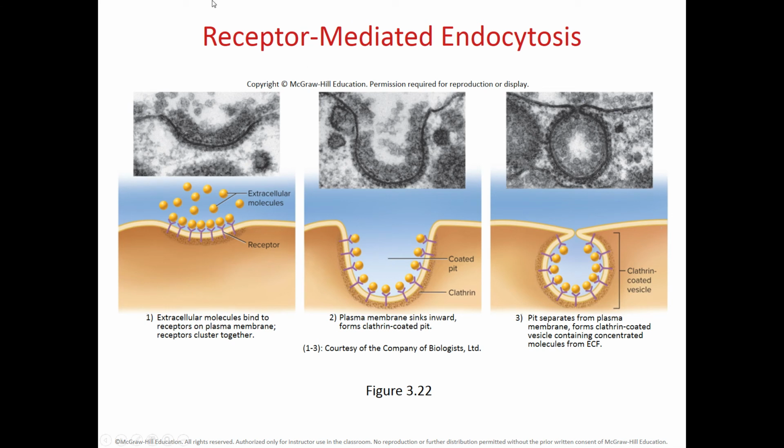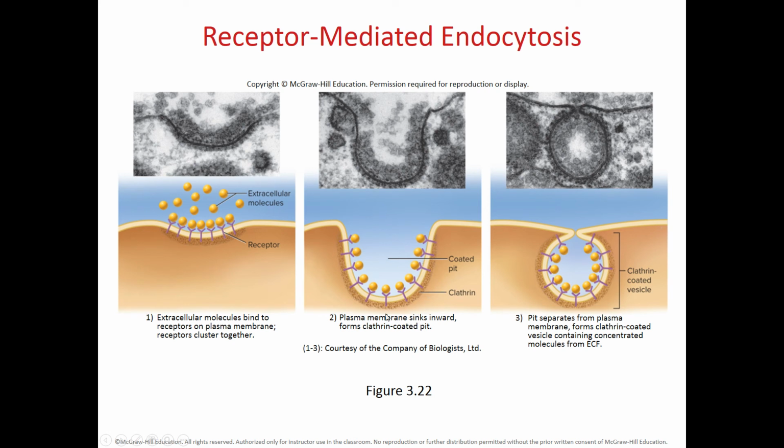So this is the figure showing you the process of receptor-mediated endocytosis. In this case, the plasma membrane has protein receptors that bind to these extracellular molecules. These can be signaling molecules or hormones. And this panel up here shows electron microscope images of receptor-mediated endocytosis. So here you have your receptors. They bind these extracellular molecules.